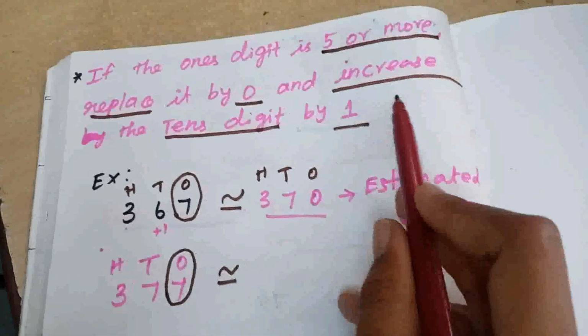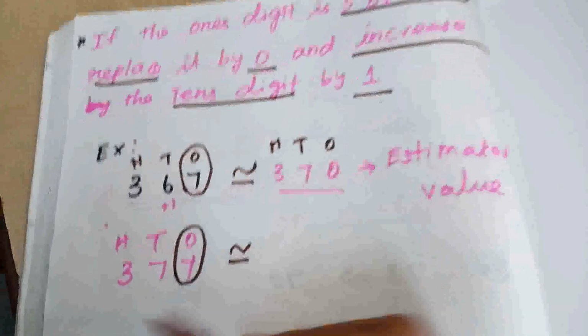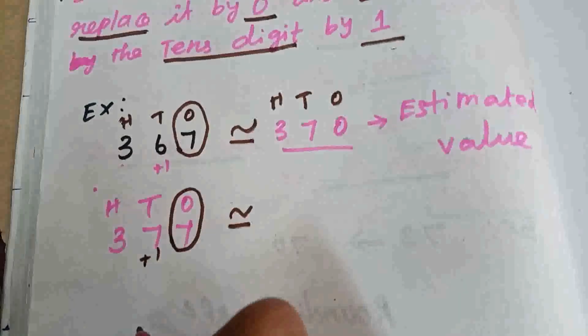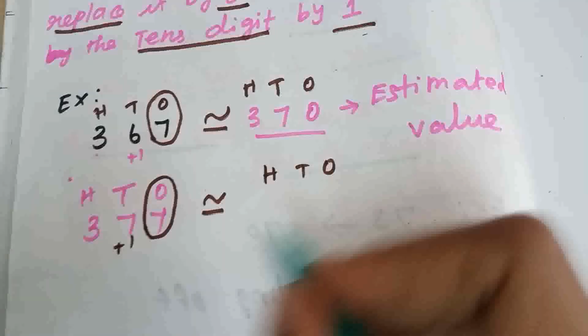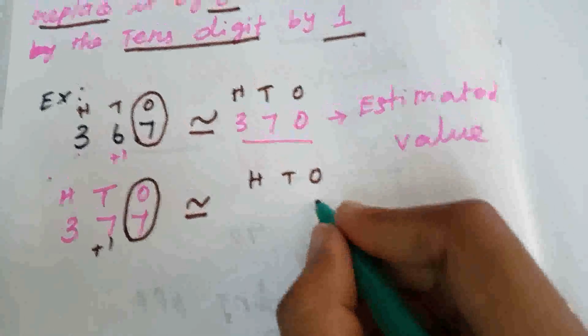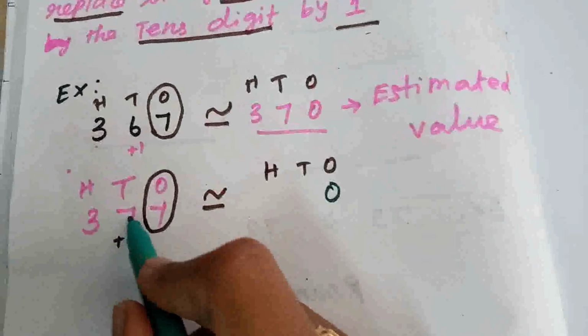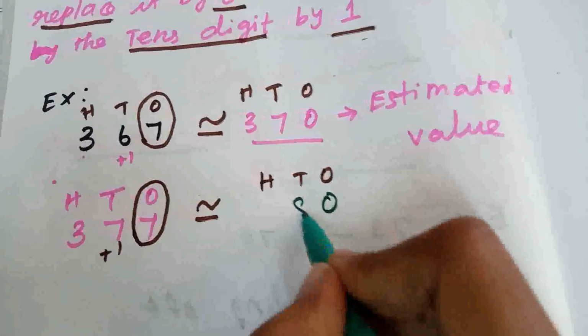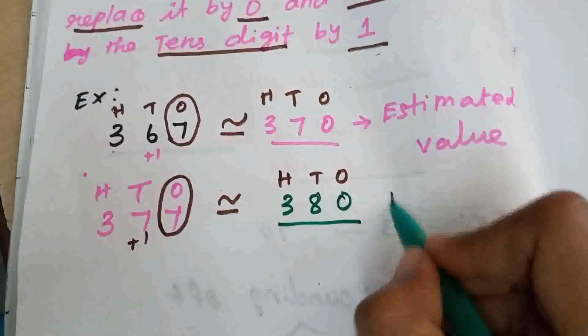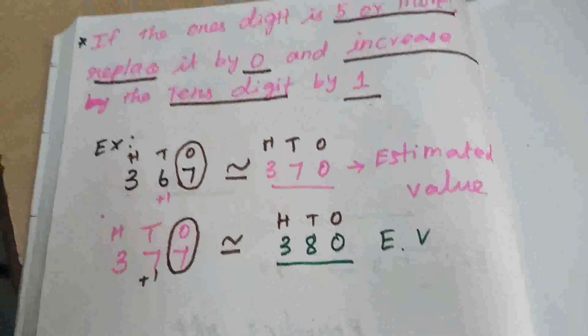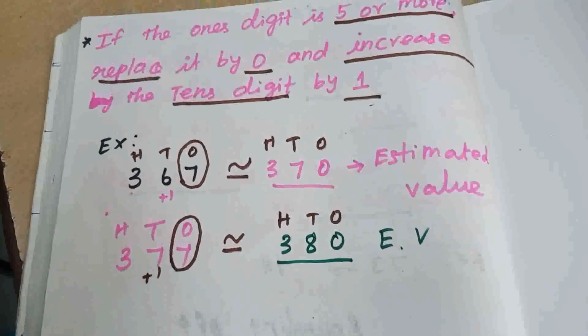More than 5 means increase the tens digit by 1. So 7 in ones place you put 0, add 1 in tens place, so 8, remaining number 3. So this is the estimated value. Do you have any doubts? Shall we move to the next one?